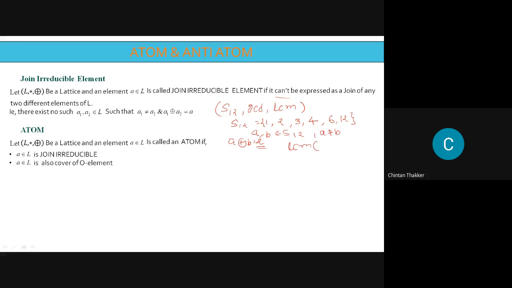So 2 is called a join irreducible element.